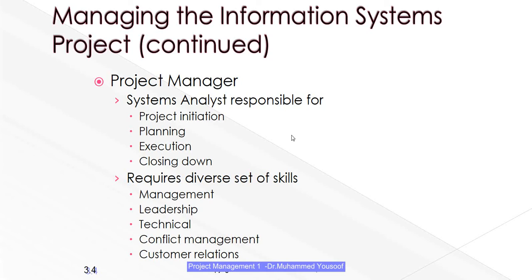The first one is called project initiation. The next one is called planning of the project. The third one is called execution, and the fourth one is close down. So these are the 4 main tasks which the system analyst is responsible for.